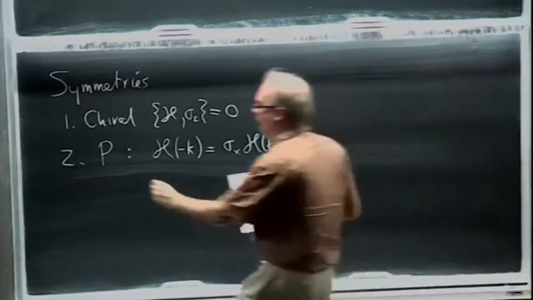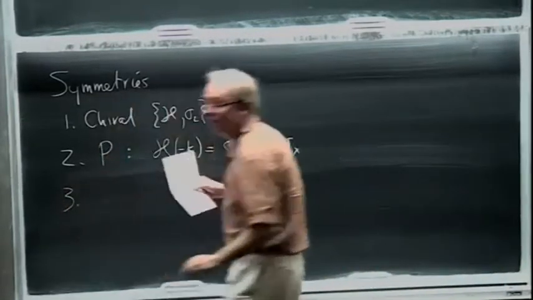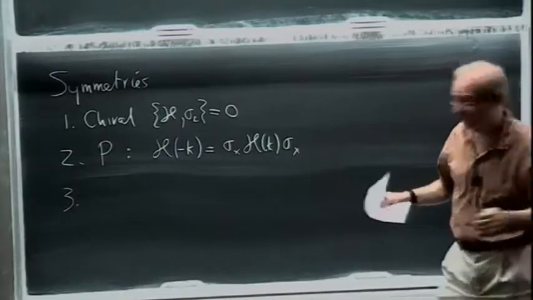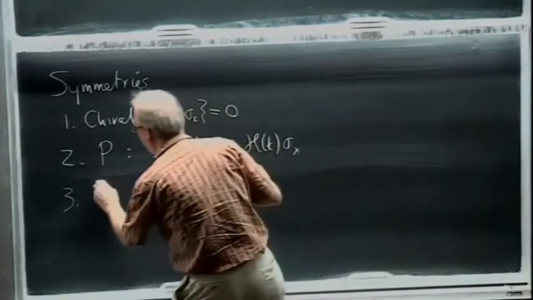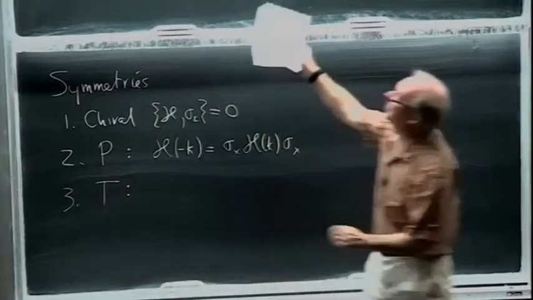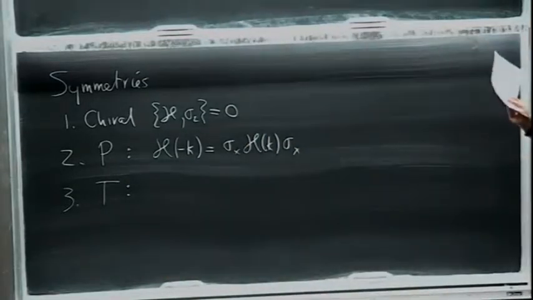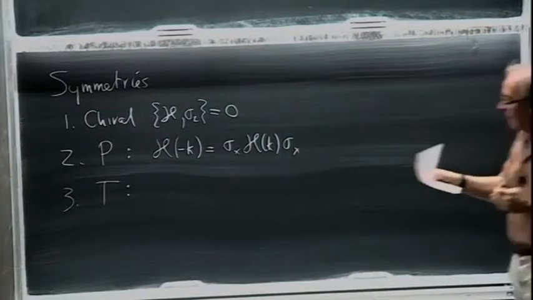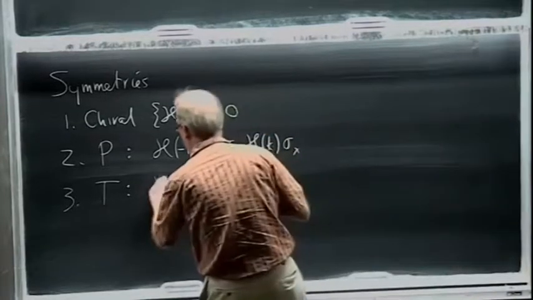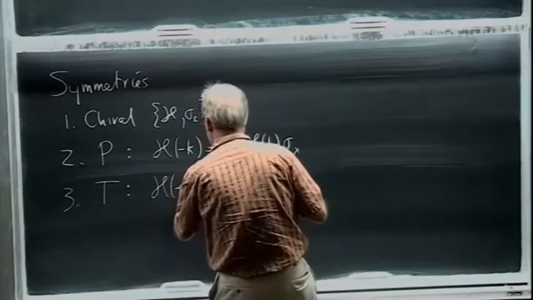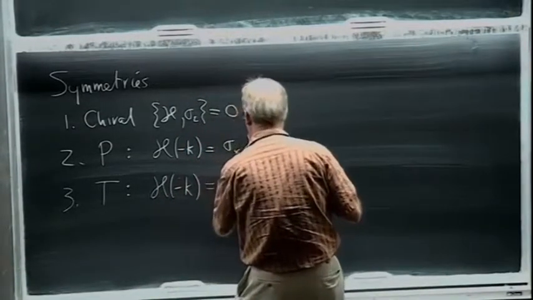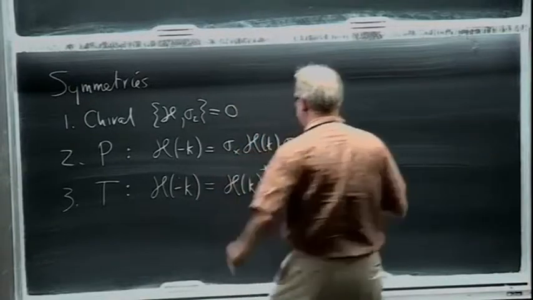And it also has time reversal symmetry, which at this point, let's just imagine that we're not talking about spin for now. And so time reversal symmetry just takes the complex conjugate. And so that says that h of minus k is equal to h of k star.